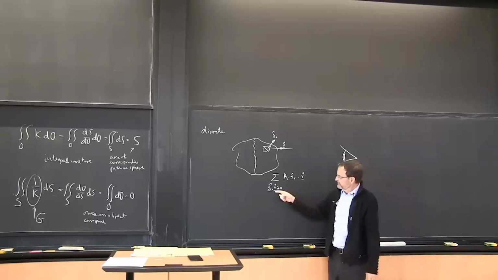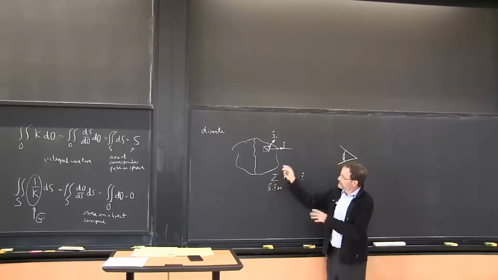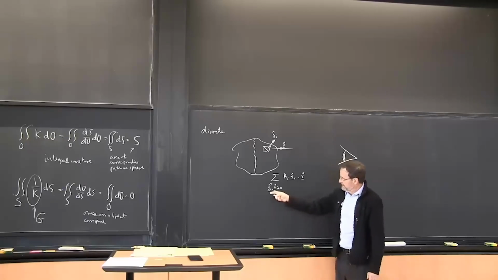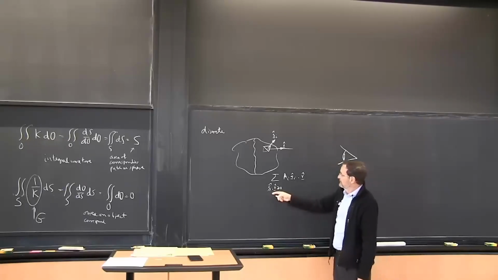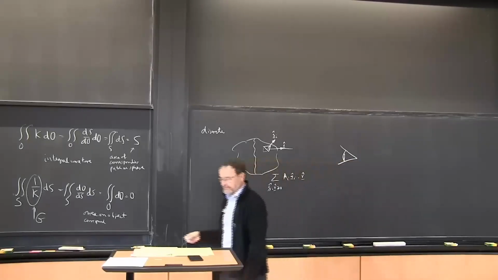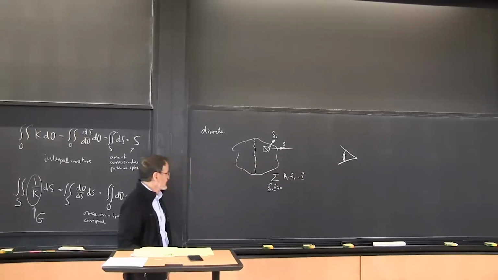So I step through all of the triangles in this mesh, or whatever shape they are, and I pick the ones where the surface normal is within 90 degrees of the viewing direction, and I compute that sum.